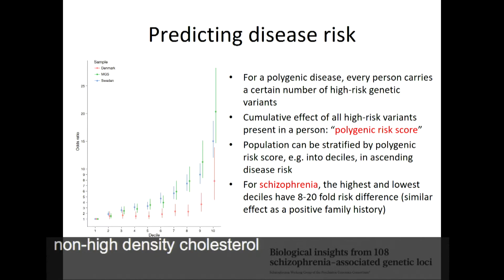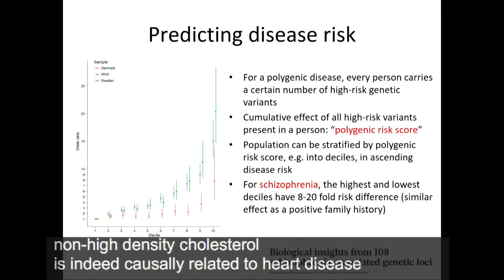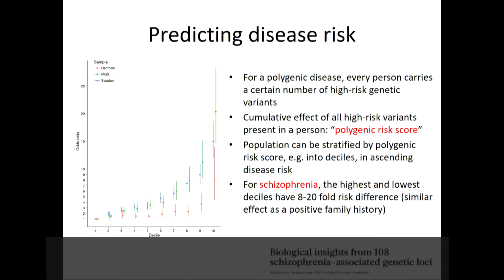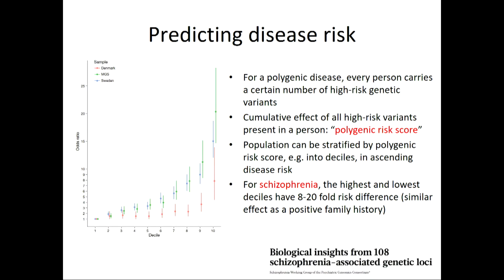And for polygenic disease, every person carries a certain number of high-risk genetic variants, so it's just a question of number. We all carry some high-risk variants for every disorder, and we can now accumulate the effects of all these high-risk variants present in a person to give a polygenic score, and a population can be stratified by polygenic scores into deciles in ascending genetic risk.